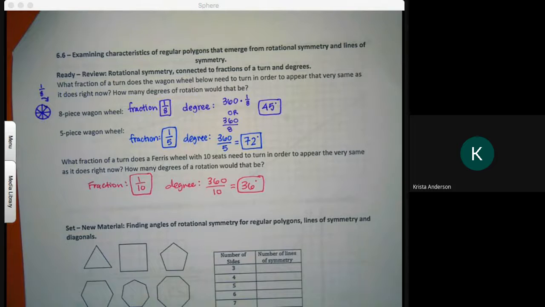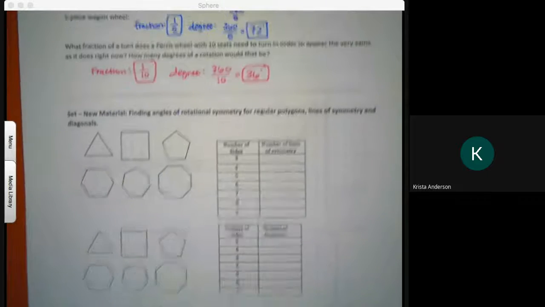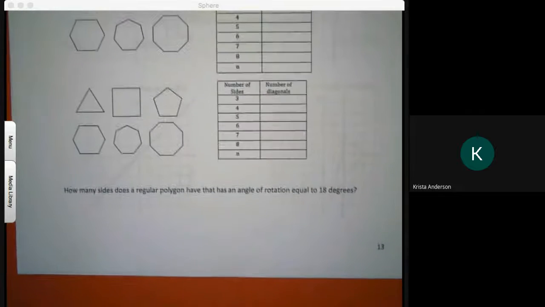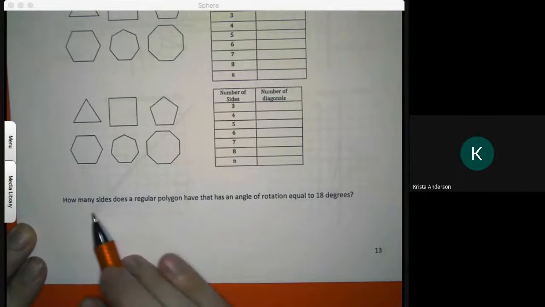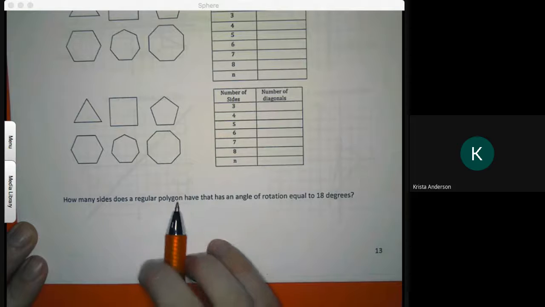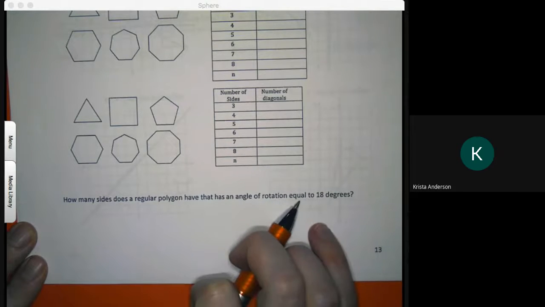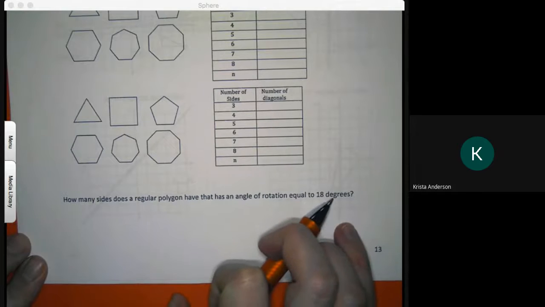Okay, one of the questions kind of got moved. It's at the bottom. I want to do it first. Kind of is hidden at the bottom. It says, how many sides does a regular polygon have that has an angle of rotation equal to 18 degrees?